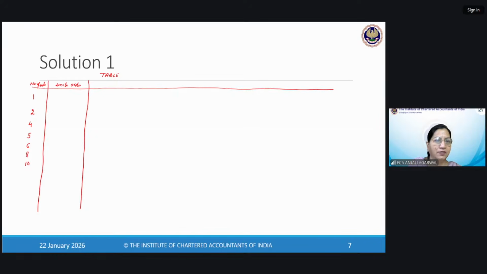The second is units ordered. Placing cost. Storage cost. And the total relevant cost.